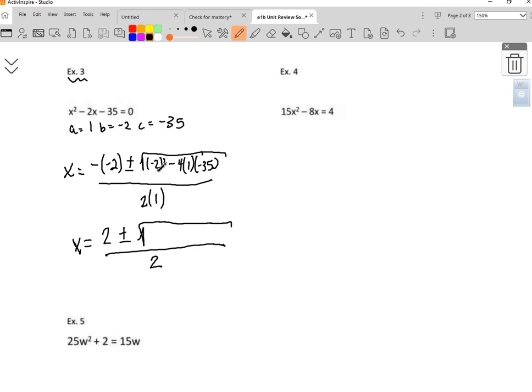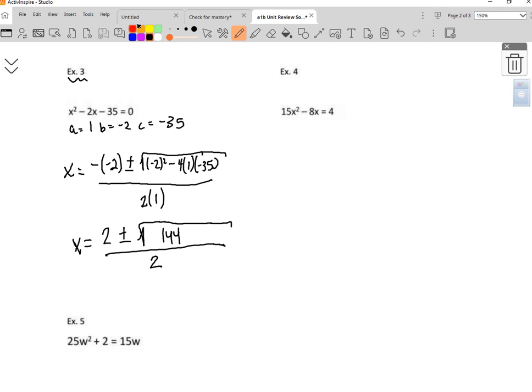So let's practice it. It's negative 2, so 2, negative button, x squared, minus 4 times 1 times 35 negative, equals. So that's 144, but let's not even clear it out of our calculator, leave that in.